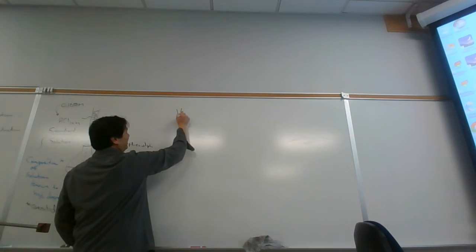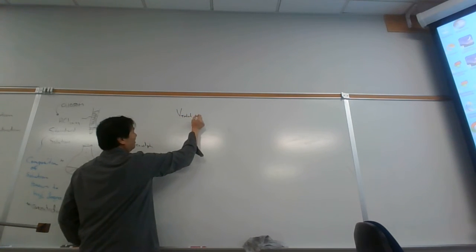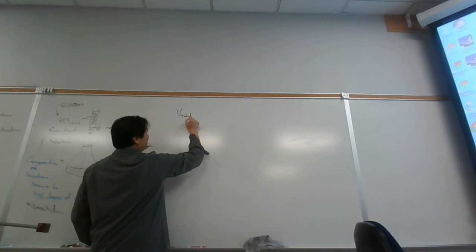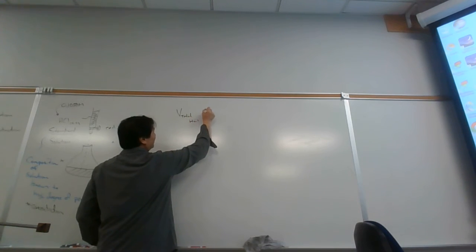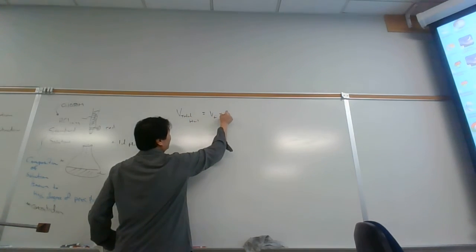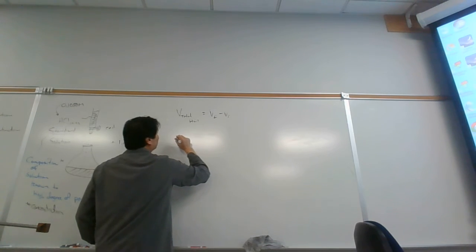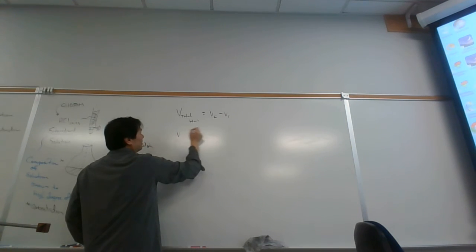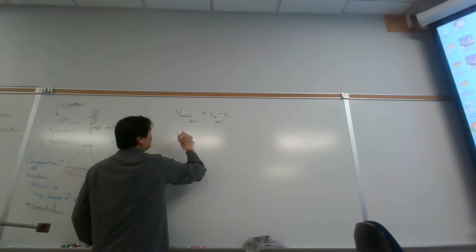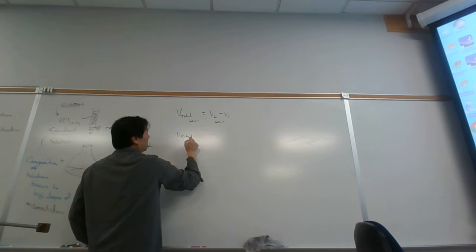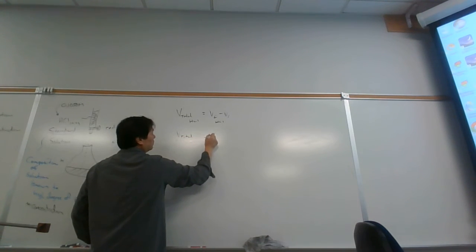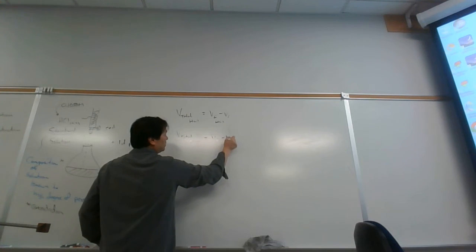We want the V total for the HCl. This is going to be V final minus V initial for the HCl. And then we want the V total for the NaOH. It will be V final minus V initial for the NaOH solution.